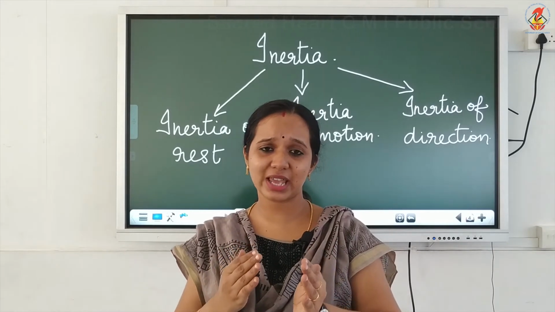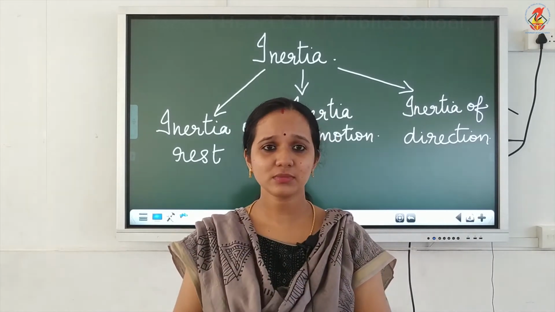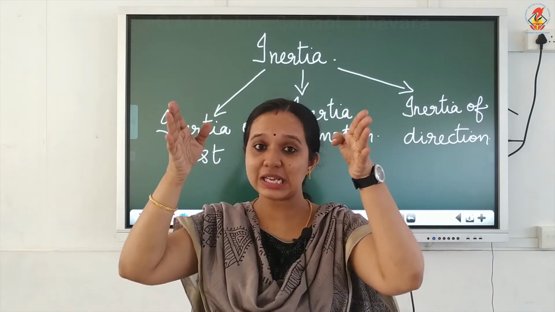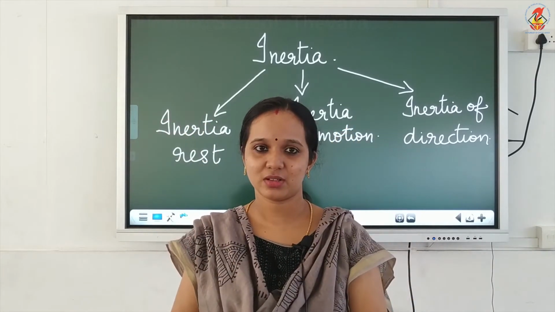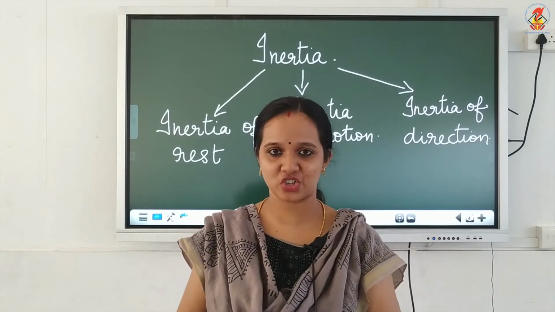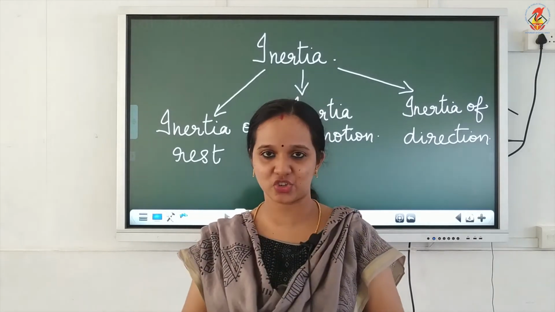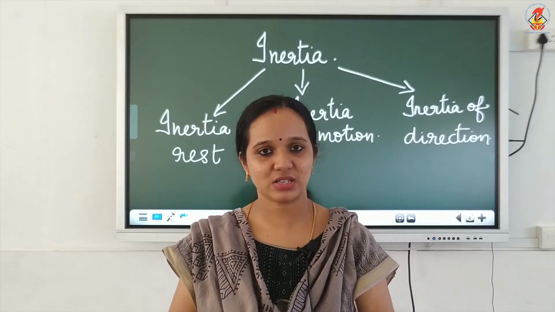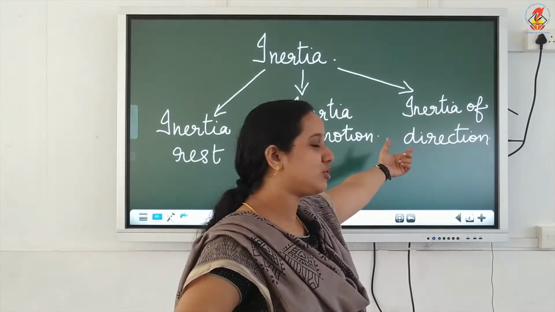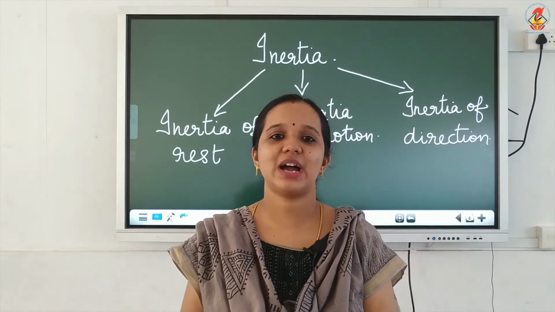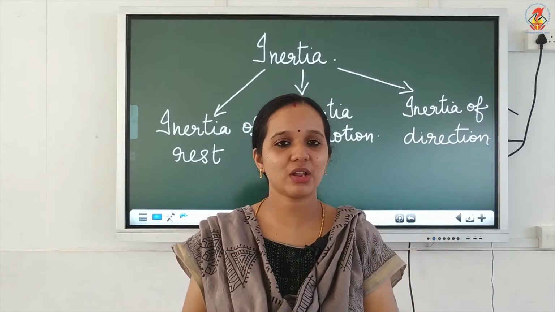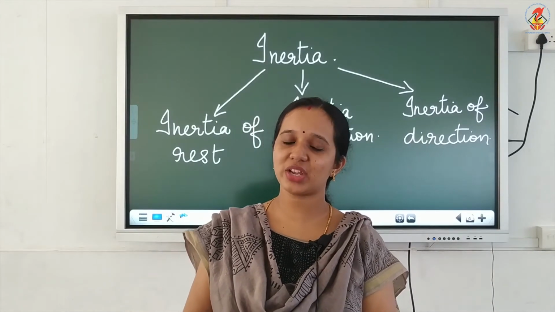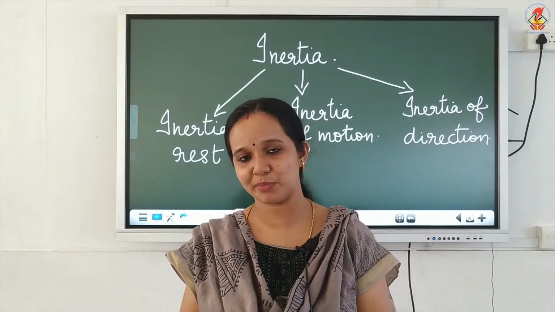When the bus takes a sudden turn, your body's tendency is to remain in that initial direction. So your body tries to resist the change, and hence you are thrown out to one side. It is due to inertia of direction. So, these are the three types of inertia and their examples.